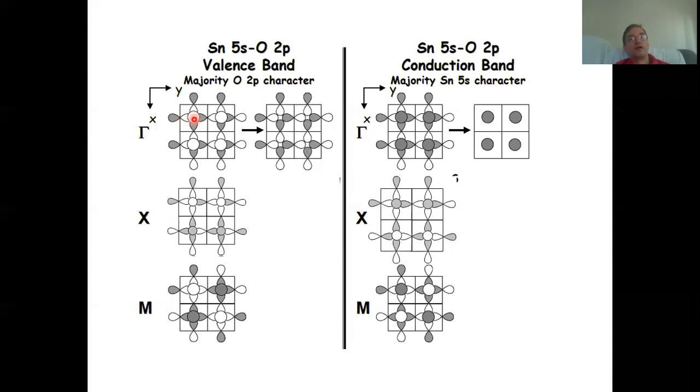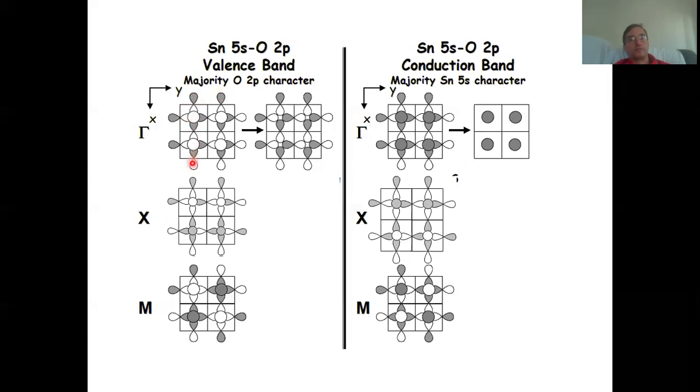Okay? So now we consider only these and do not flip the algebraic sign of any of these and see what the bonding character of the resulting crystal orbital is.